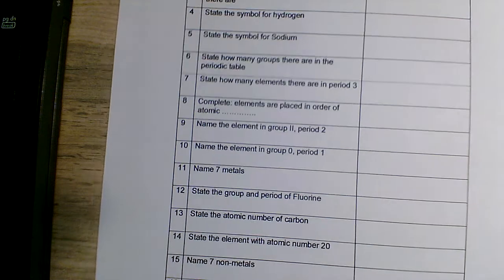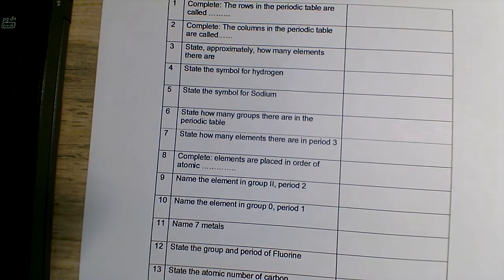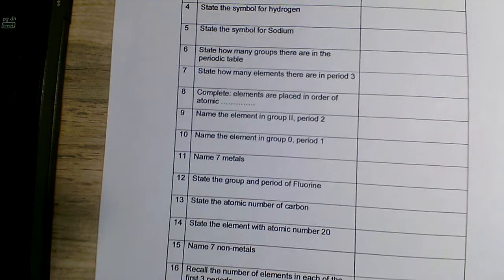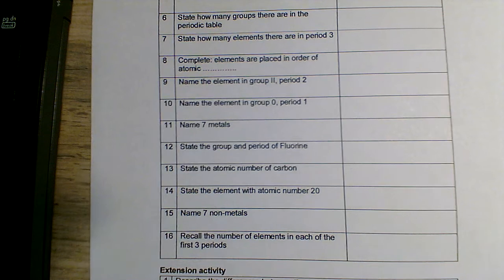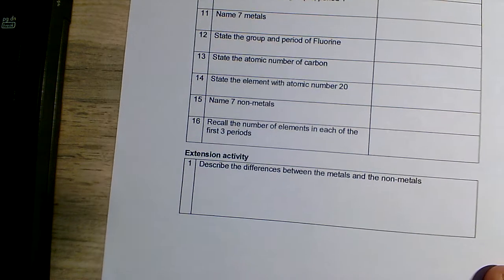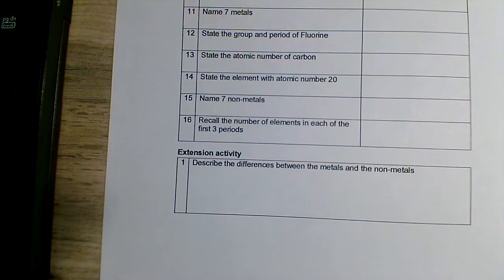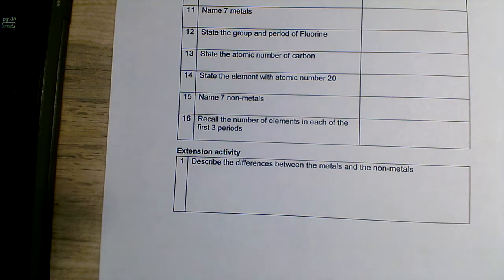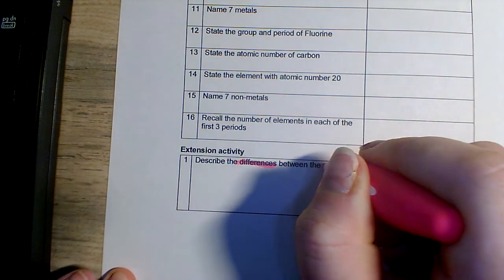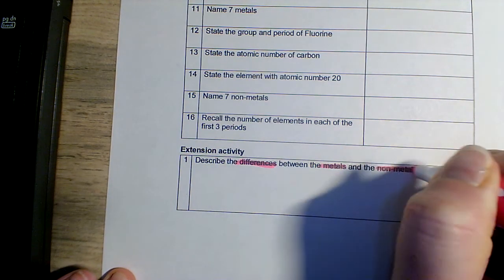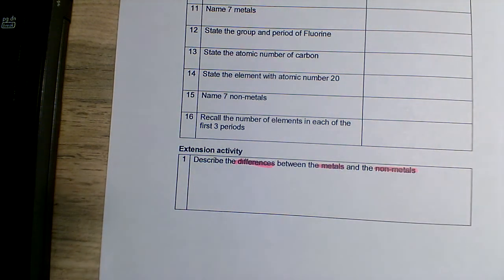Okay, have a go at the knowledge and application check, pausing the video. This will be good practice again for using our periodic table. And I also want you to have a go at the extension activity, describing the differences between metals and non-metals.